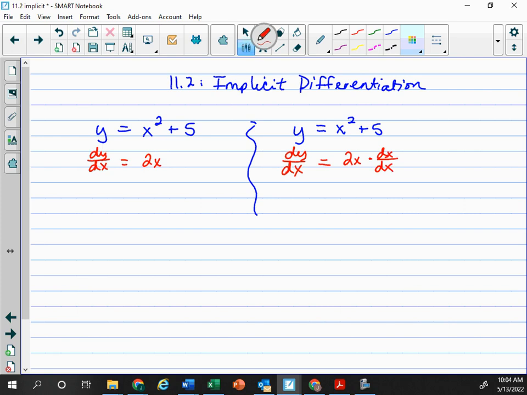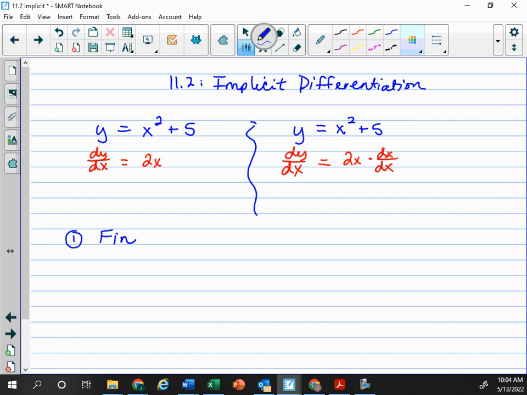We just never write it, because what do you think that is? Yeah, it's not going to change the value of anything. We're going to have to do something similar to that with implicit. So it's been there all along. You just haven't had to write it because it's been derivative of x in terms of x, which is just 1.